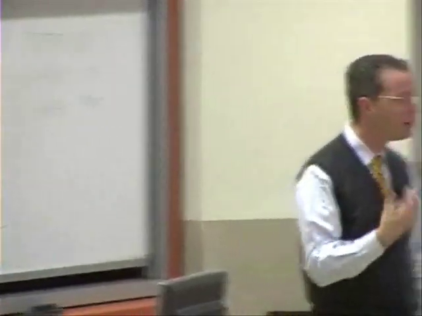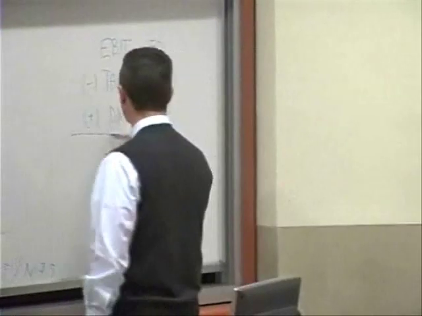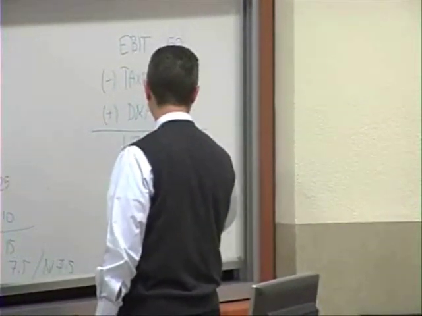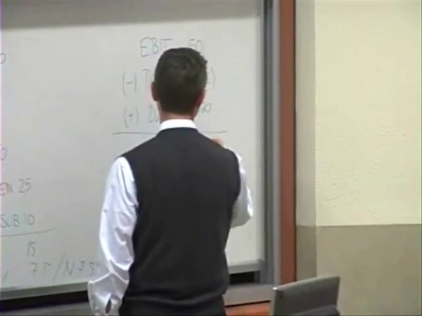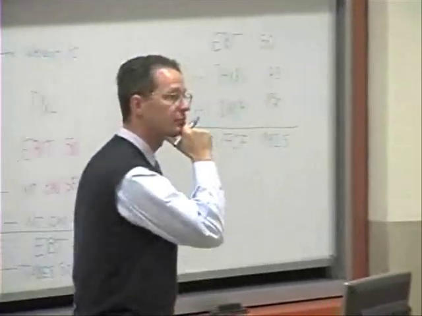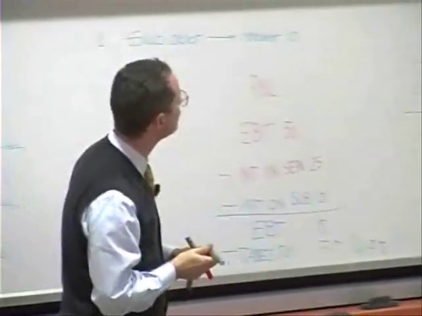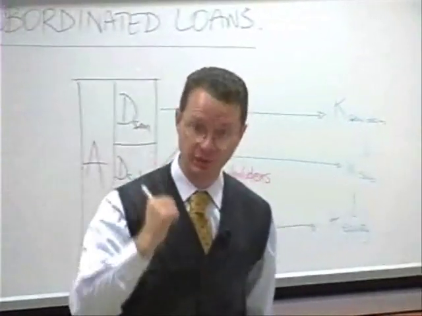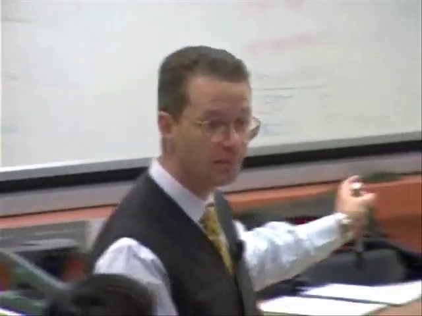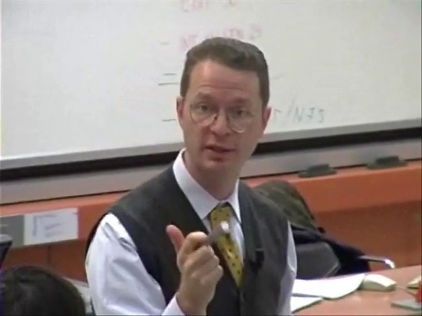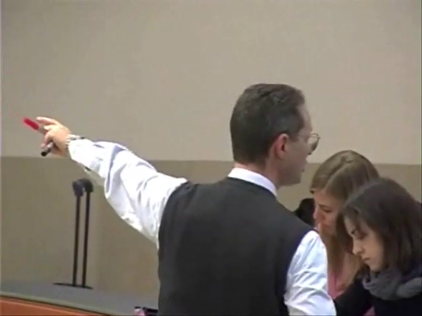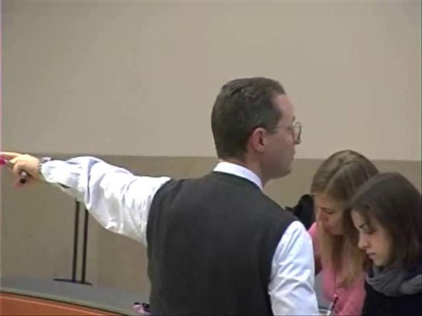No change in working capital, no capex. So the unlevered free cash flow is 200 minus 7.5, 192.5. Look, first effect: I have saved taxes, and the unlevered free cash flow is higher than before. So that is the first advantage of using subordinated debt. Subordinated debt is debt, and so interest on debt is tax deductible. And if it is tax deductible, I can save money using the tax shield on interest. And in fact, the value of unlevered free cash flow is higher than before.